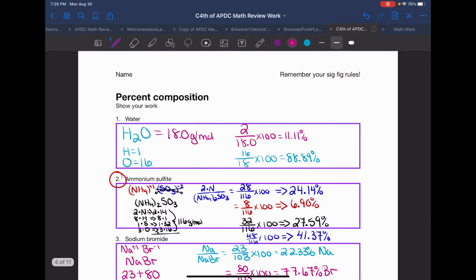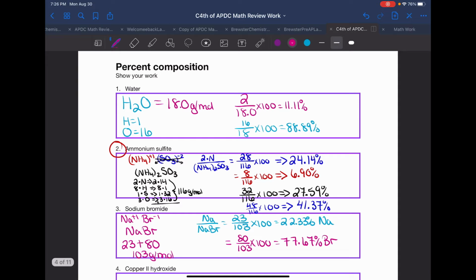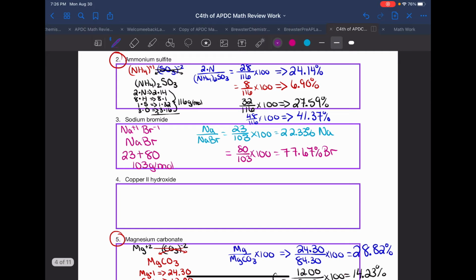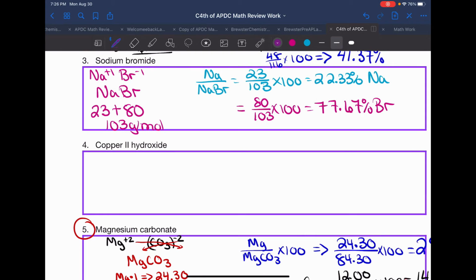And then we did our percent composition, which is simply part over whole. One of the first things you have to do is figure out what your formula mass is. Once you have that, you're simply taking each of your parts and completing it. So I left copper(II) hydroxide here, and let's look at this.